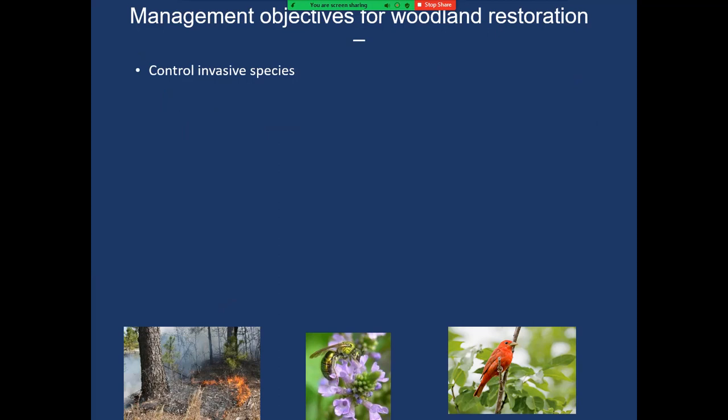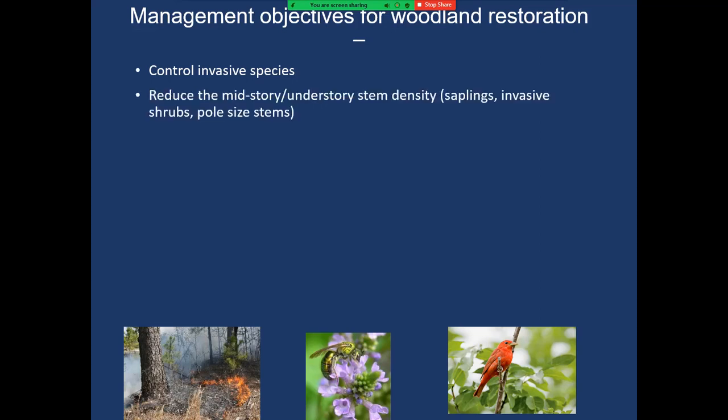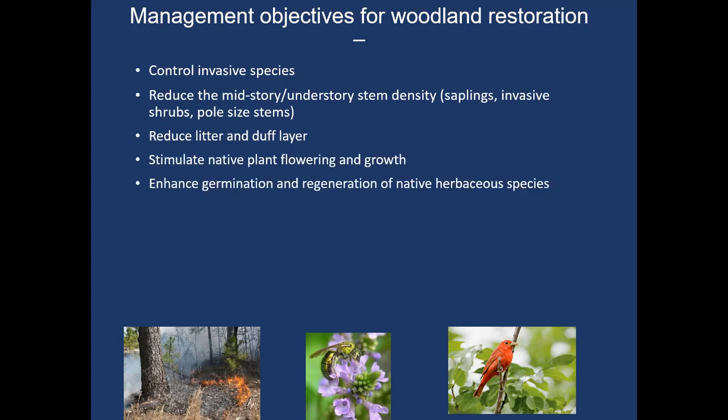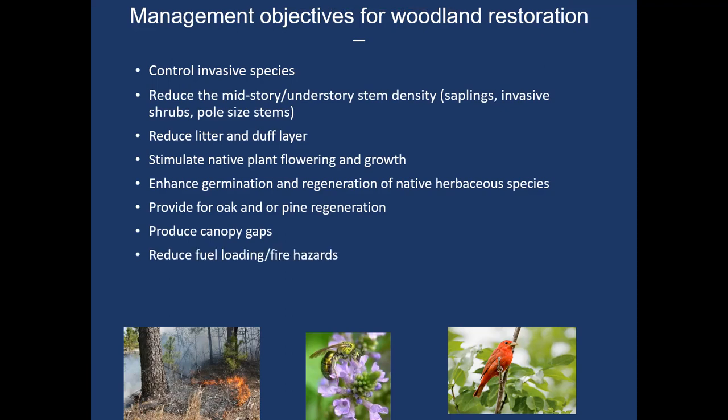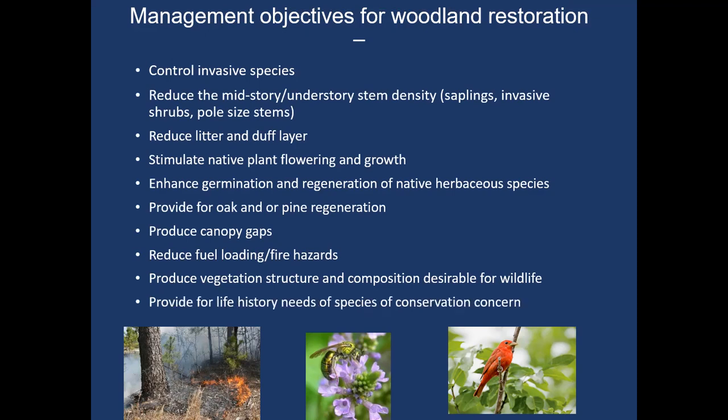These include controlling invasive species, reducing the midstory or understory stem density of saplings, invasive shrubs, and pole-sized stems, reducing the litter and duff layer, stimulating native plant flowering and growth, enhancing the germination and regeneration of native herbaceous species, providing for oak and or pine regeneration and recruitment, reducing canopy gaps, reducing fuel loading and fire hazards, improving vegetation structure and composition desirable for wildlife, and providing for the life history needs of species of conservation concern.